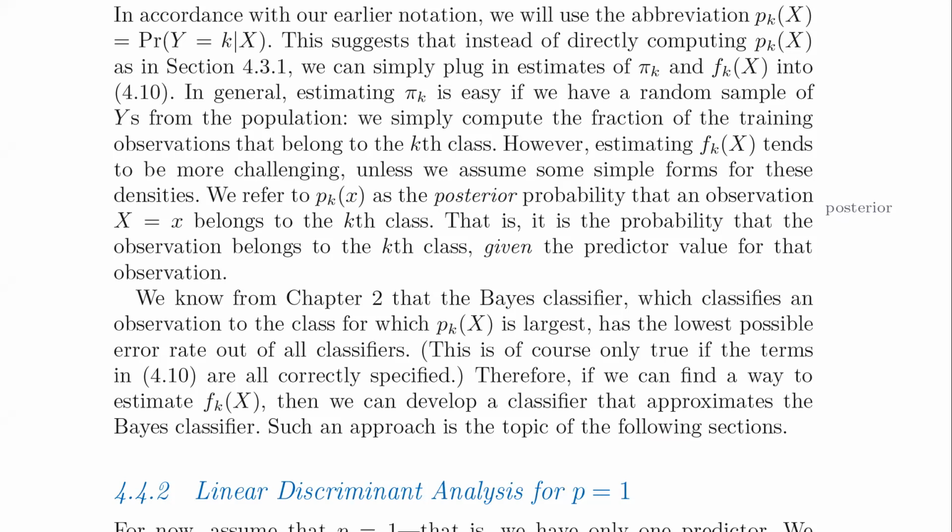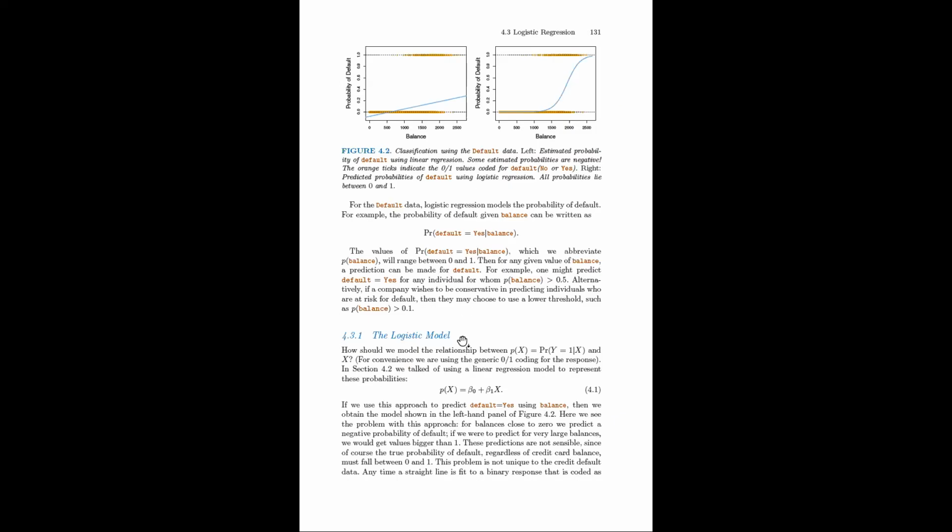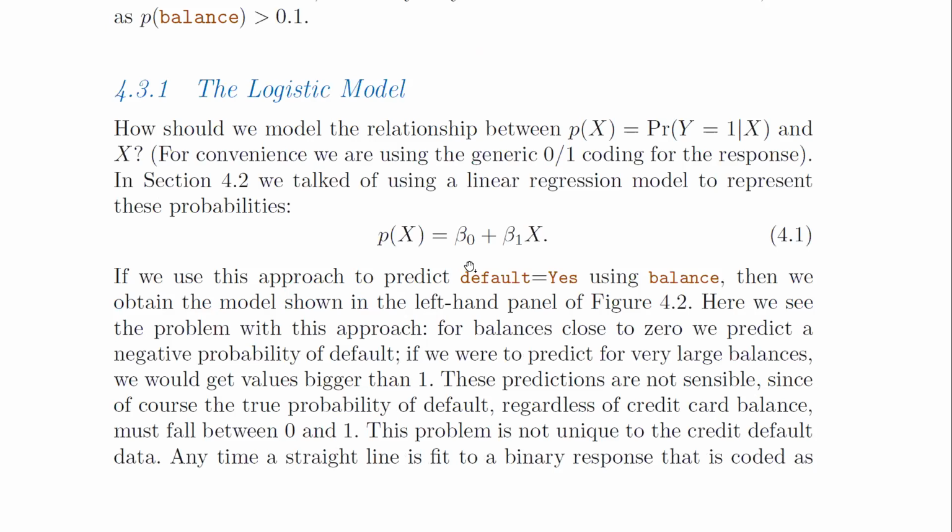Content is, in fact. So, in accordance with our earlier notation, we will use the abbreviation P subscript K of X to represent the probability that Y is equal to K given X. This suggests that instead of directly computing pk of X, as in section 4.3.1, this is where we were computing it directly. What do we even mean by directly?